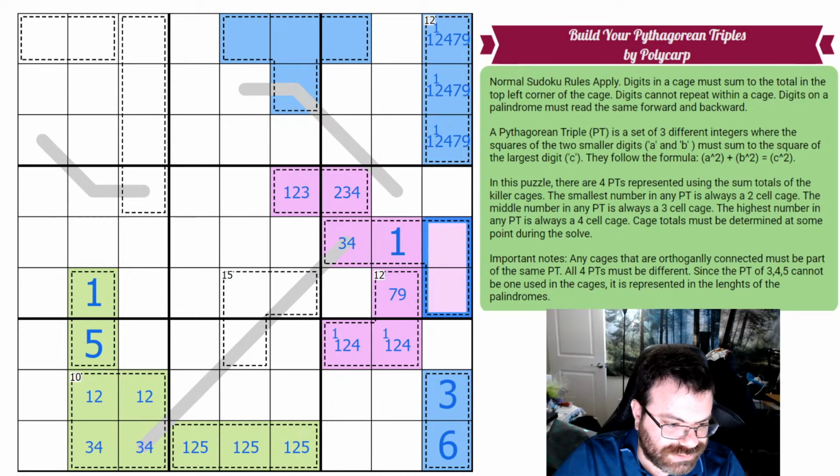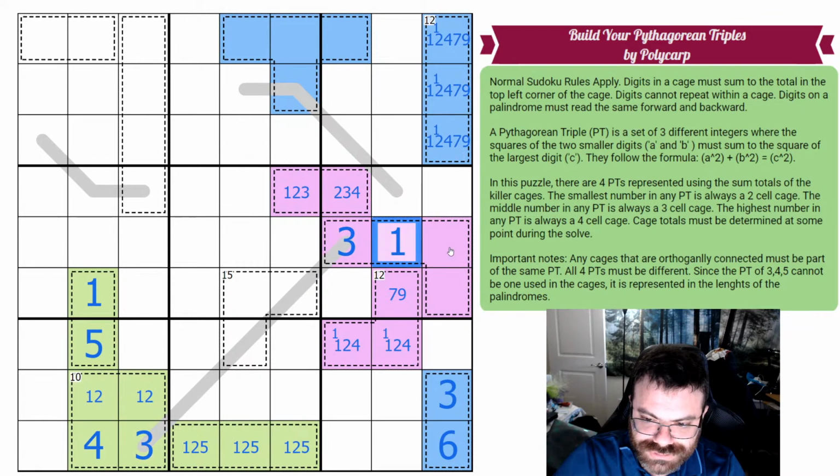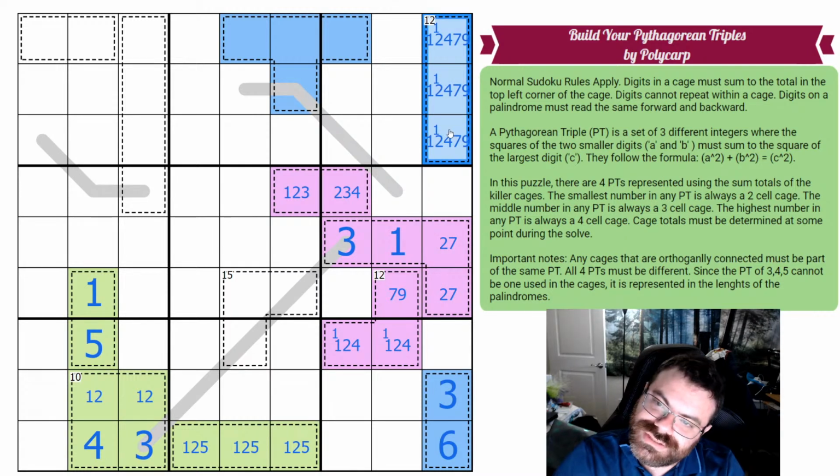So it's 1, 2, 3, 7. So this is a 3. This is 2, 7. Does that break this 12 cage? Seems to break the 12 cage. What did I do wrong?